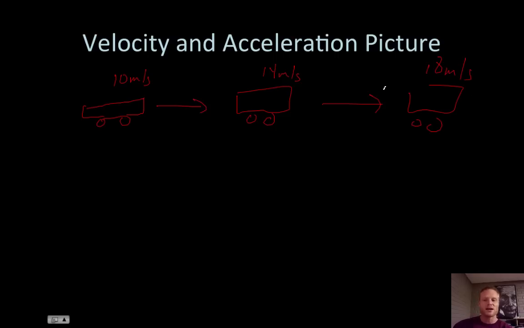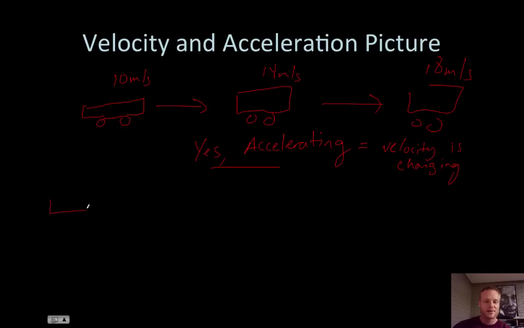What can you say about this car? Hopefully you're realizing that this car is accelerating. How do I know it's accelerating? Its velocity is changing. Let me write that down. And I'm going to write yes, accelerating, just so we can know.